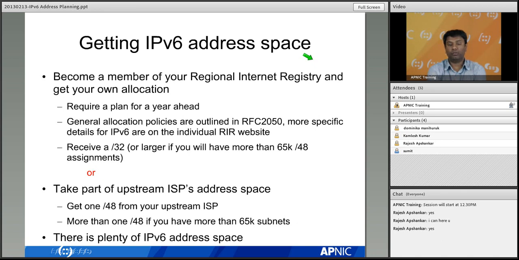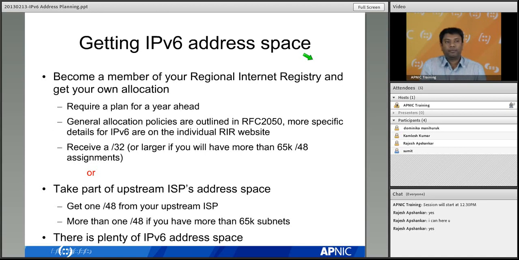So when you send that address request, make sure your plan is based on 1 year requirement. Sometimes we see some members doing plans per customer, like every month they send a request to APNIC, but this is not the right way to do it. Because if you do it that way, most likely you'll get discontiguous blocks for different requests, right? That's why we advise you to request for a 1 year plan, so you'll get a contiguous, bigger block.